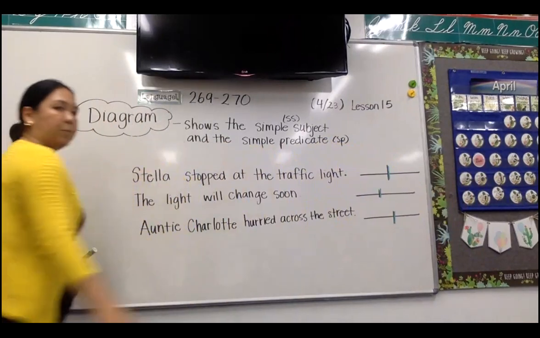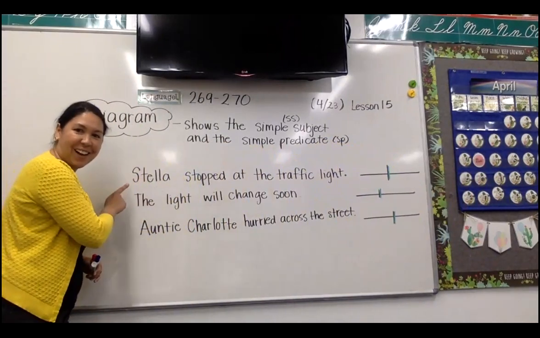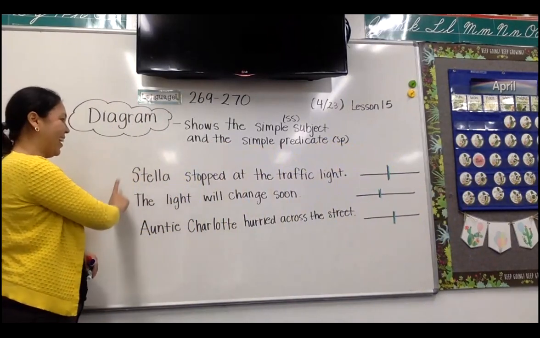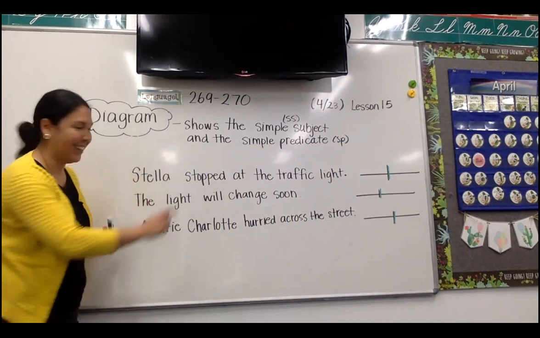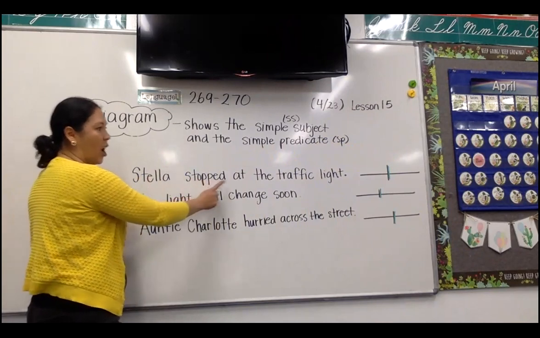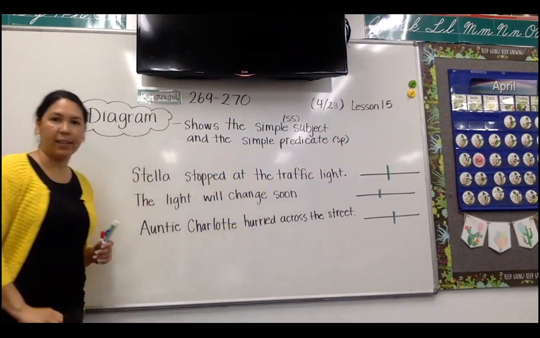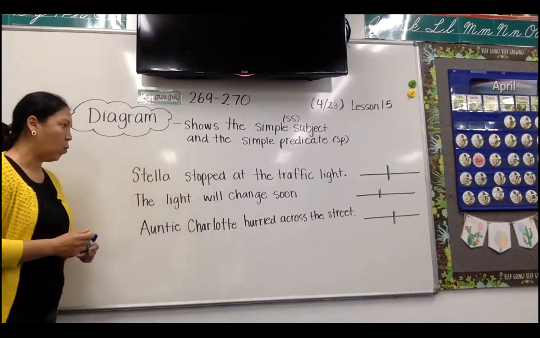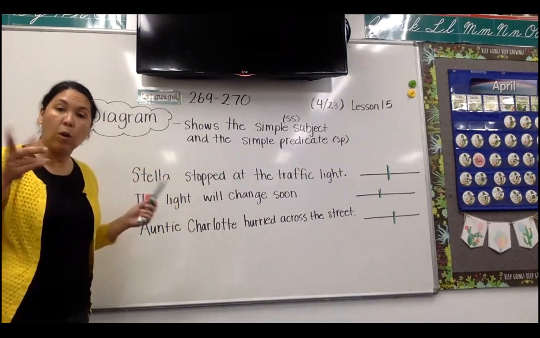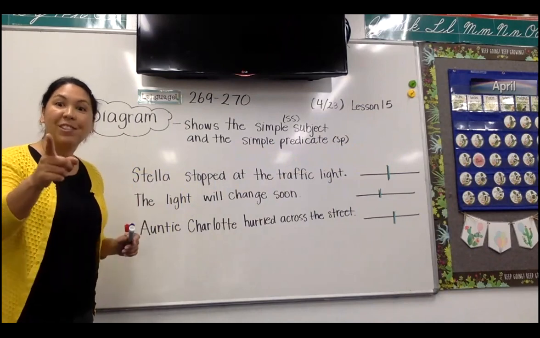Okay, here we go. The first sentence has Stella in it. We're pretending she's old enough to drive. We're doing some imagination on these. Stella stopped at the traffic light. So she's driving her car and she stops at the traffic light. Where's my action or my linking verb? Stopped.